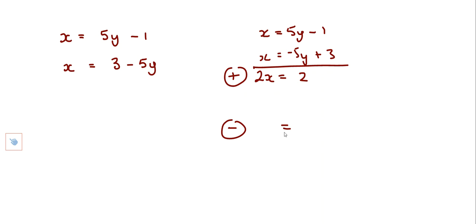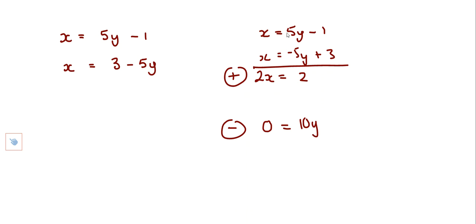So this would end up being 0, right? And now I have to write the 0 because there's nothing else on that side. But what would be on this side? 5y subtract minus 5y would be 10y.